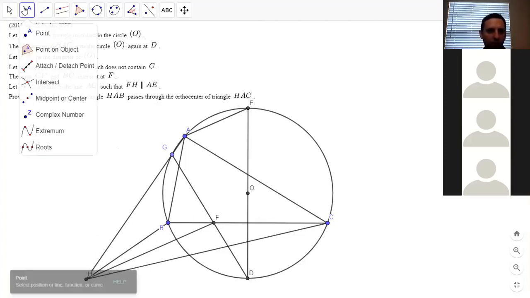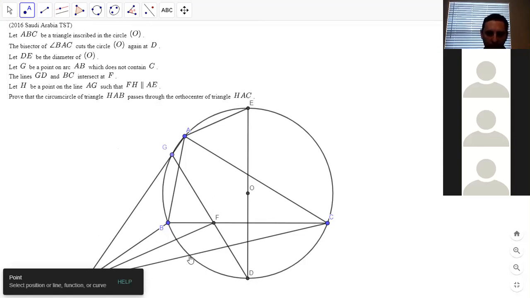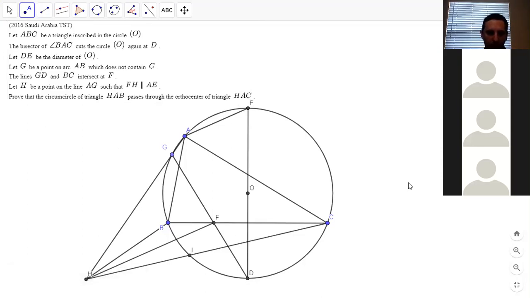So I'll just do it. So yeah, how do we use the parallel lines? Maybe we could let AB intersect.